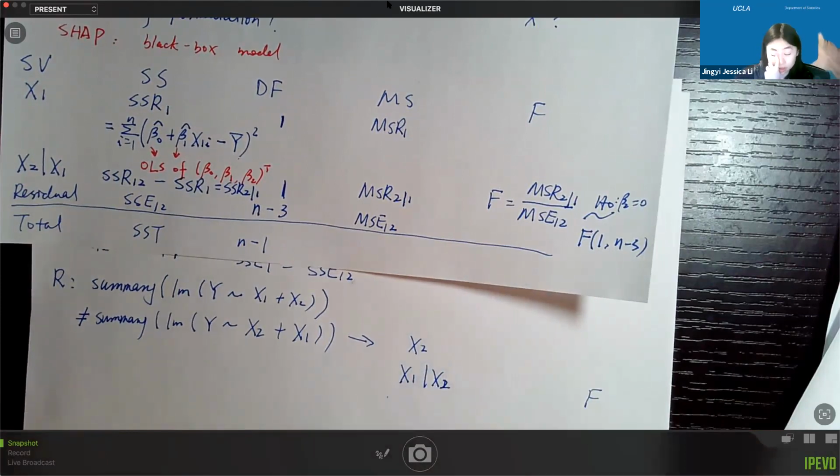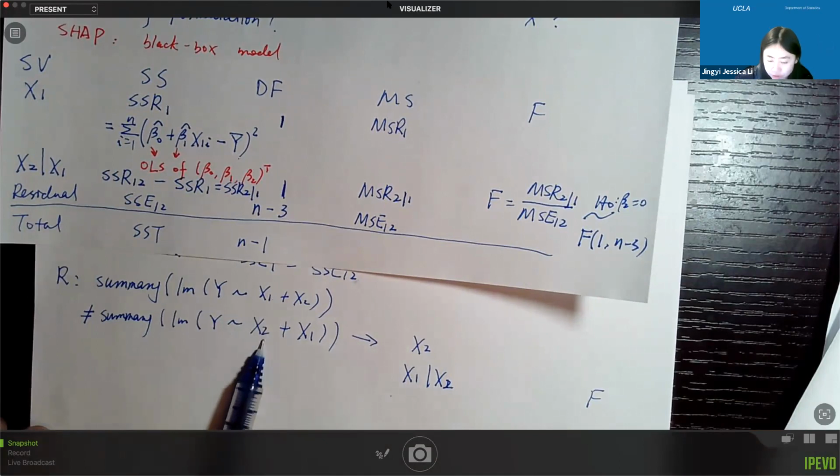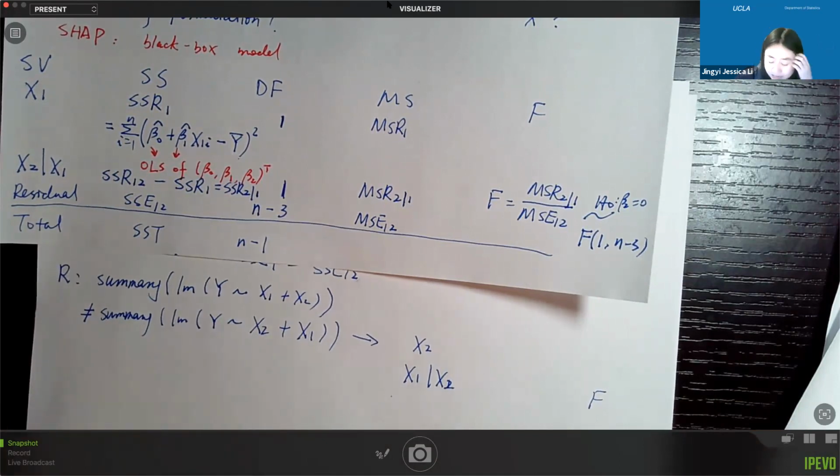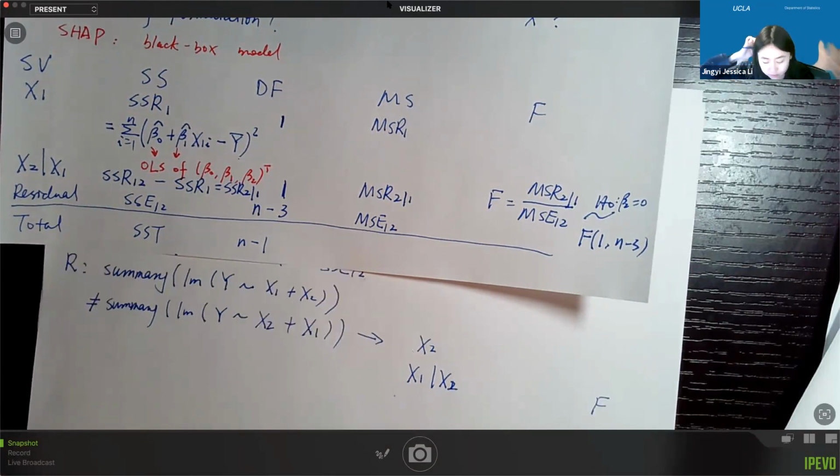So it's not the same. But interestingly, even though the hierarchical ANOVA is different, overall the y hat will be the same, right? Regardless of using x1 first or x2 first, you will get the same y hat, and the beta hat will also be the same, just subject to permutation. Okay, so that's the linear model part, hierarchical ANOVA.